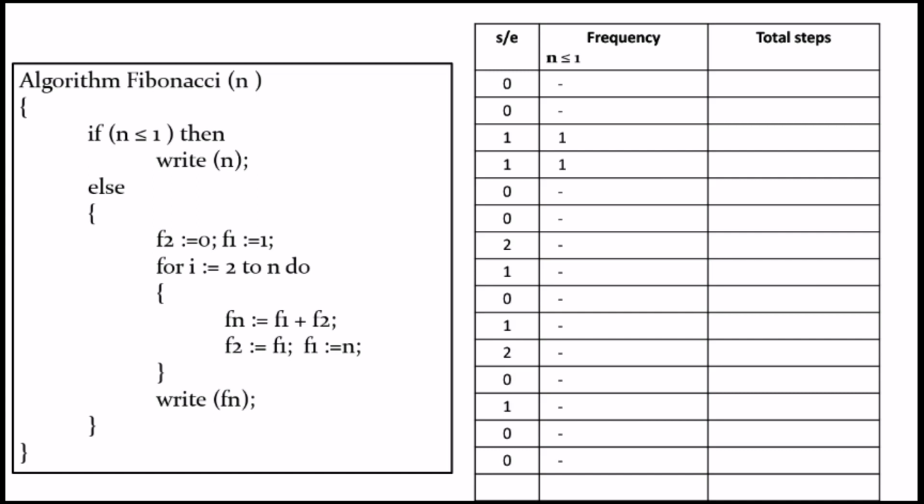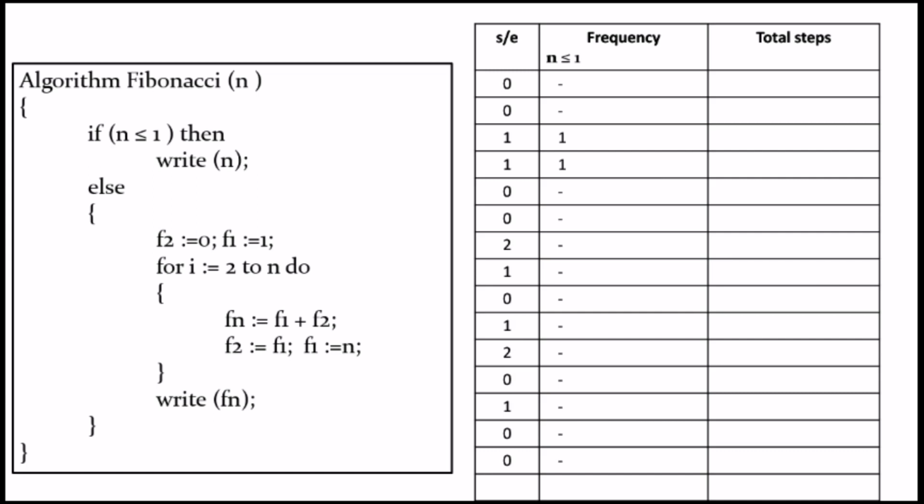So write n will also take one step, it is executing only one time, so the frequency will be 1. So these are the two statements that will be executed one time. Then because the if block is true and we have executed the write statement, the else part will get skipped. So the program, or you can say the algorithm, will end here itself if n is less than 1.